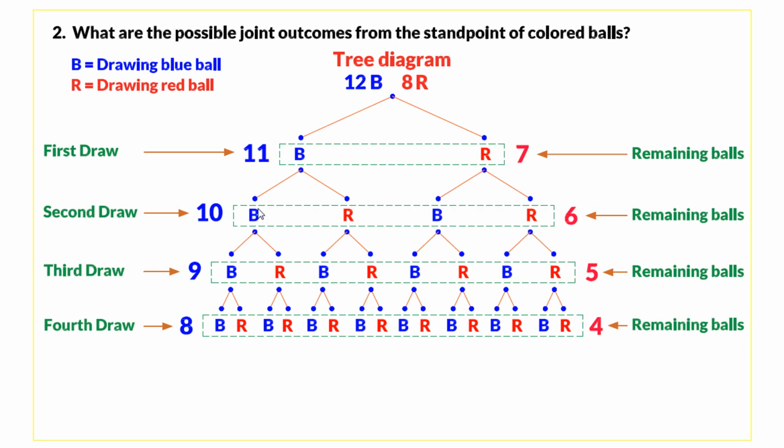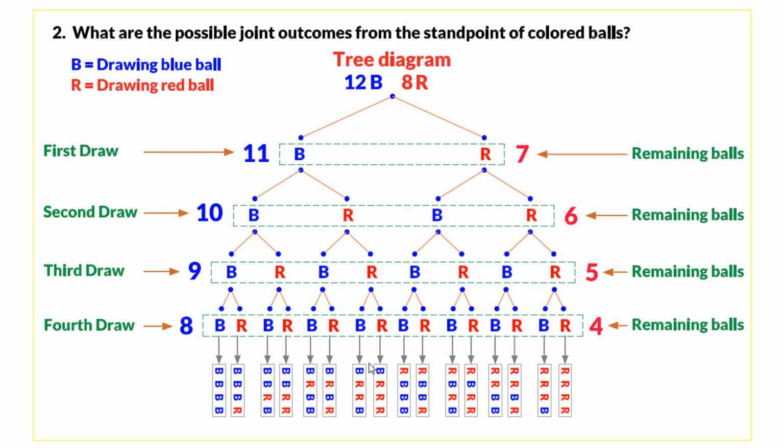So for this path here we have 4B, for this path here we have 1B and 3R, and so on, and these are all the possible joint outcomes. Now we will classify them according to the number of blue and red balls in each joint outcome.